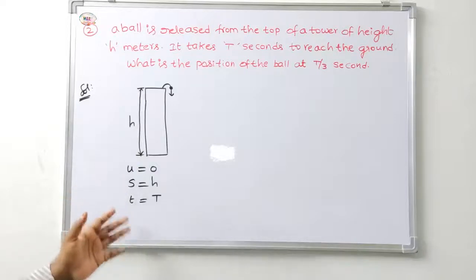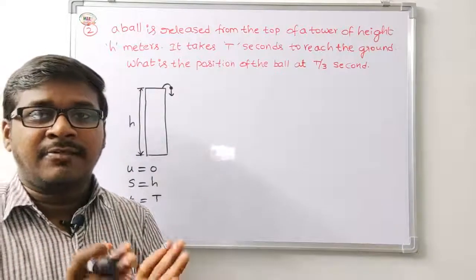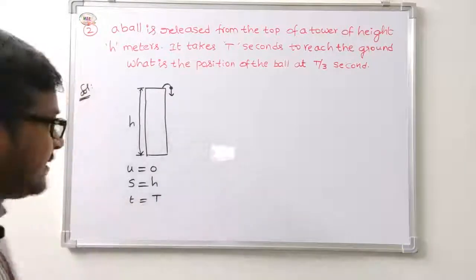Okay, we have these three values, so by using the second kinematic equation, S is equal to ut plus half at square.